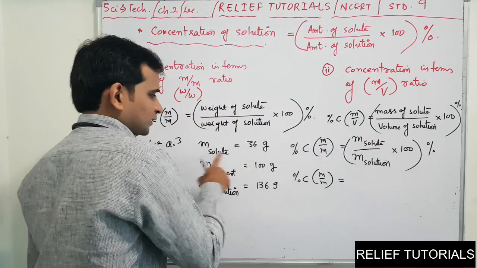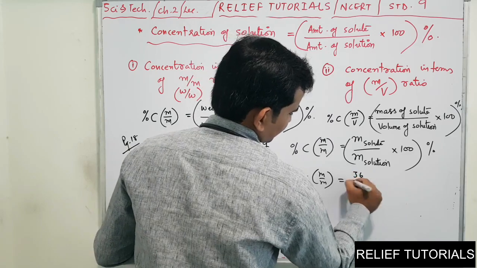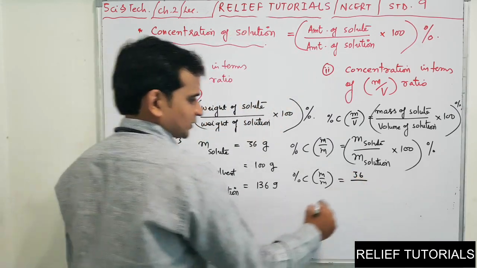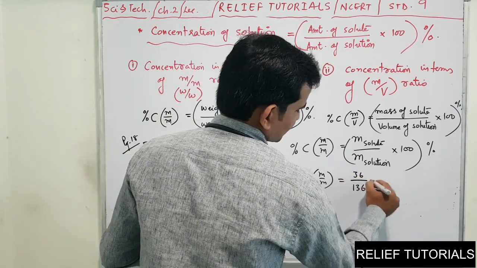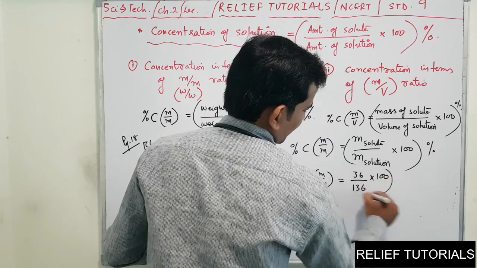So the next step is put the values. Mass of solute is 36, mass of solution is 136 into 100.